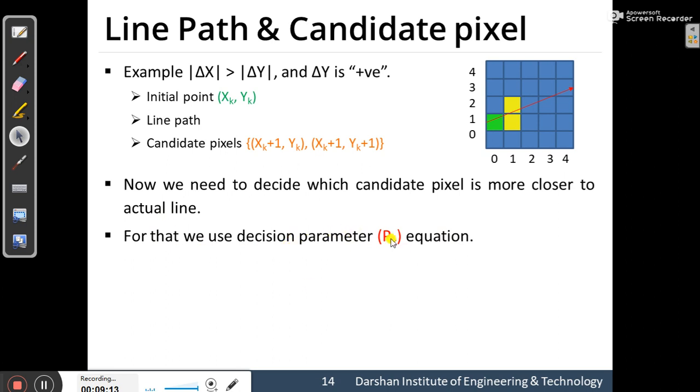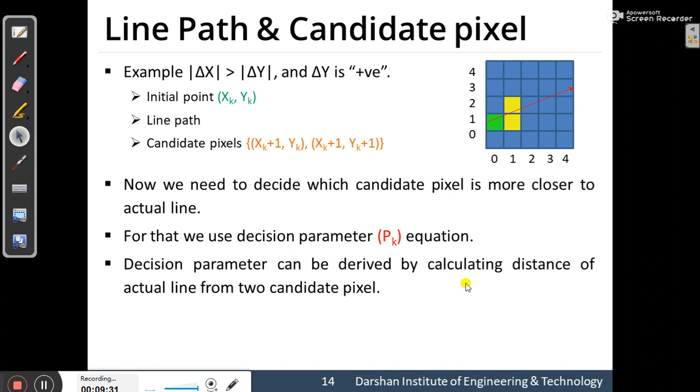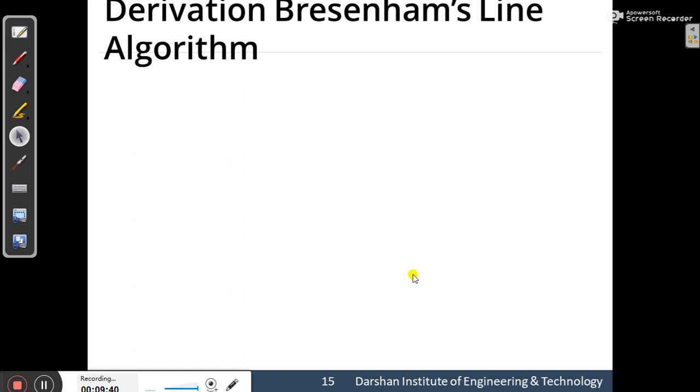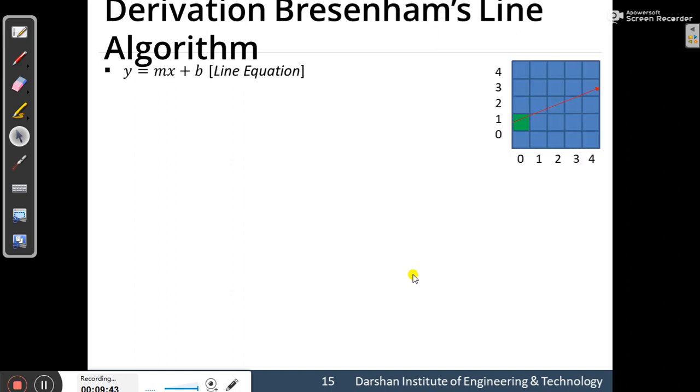So now here we decide which of these two blocks is closer to the line, and according to that we draw the pixels on the monitor. That will be decided using this decision parameter equation. The decision parameter can be derived by calculating the distance of the actual line from the two candidate pixels.